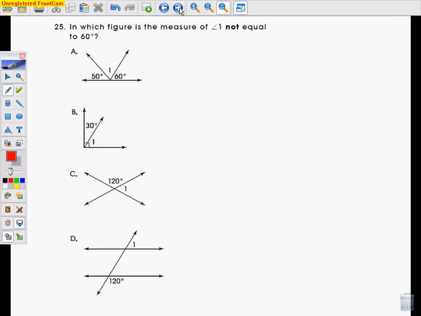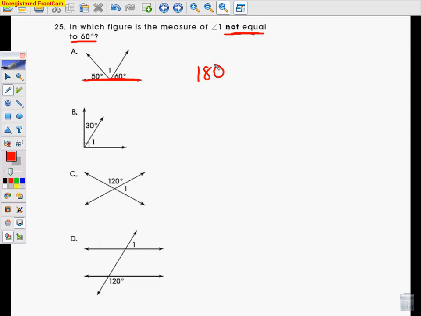Alright, number 25. In which figure is the measure of angle 1 not equal to 60 degrees? Well, let's go through these and eliminate the ones that it couldn't be. So we want to know which of these has an angle 1 not equal to 60. Now, in this first one, notice that we have a line here. And the number of degrees in any line should add up to a total of 180.